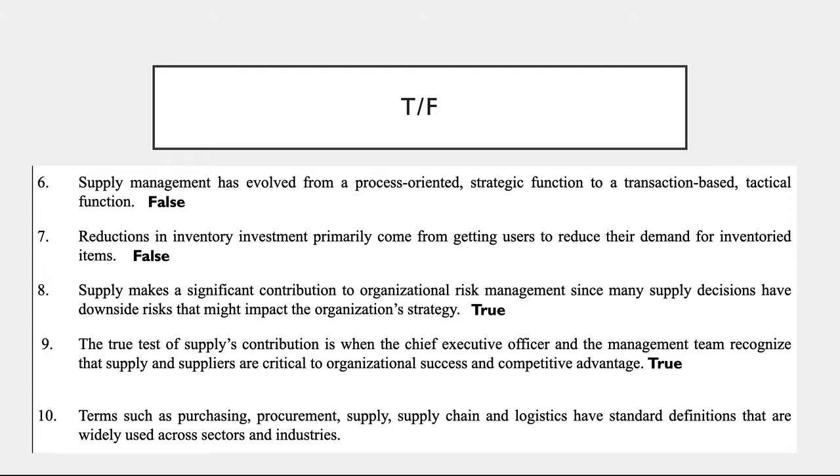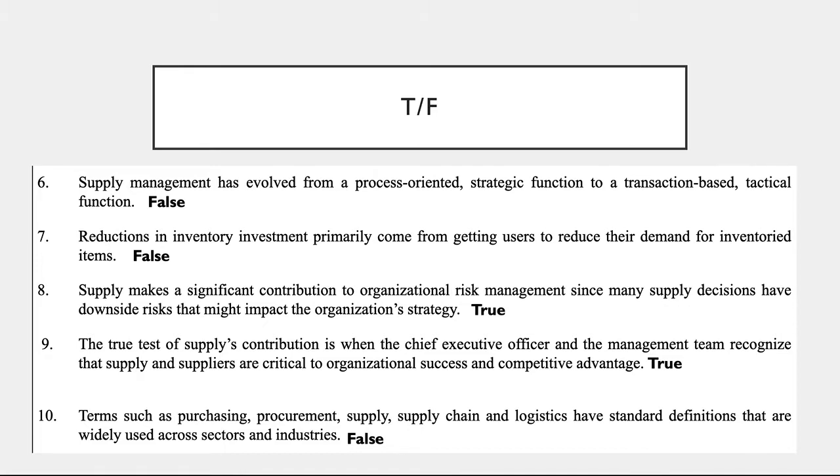The last statement: terms such as purchasing, procurement, supply chain, and logistics have standard definitions that are widely used across sectors and industries. This statement is false. Why is it false? Because the use of these concepts, purchasing, procurement, supply, etc., depends on three factors.